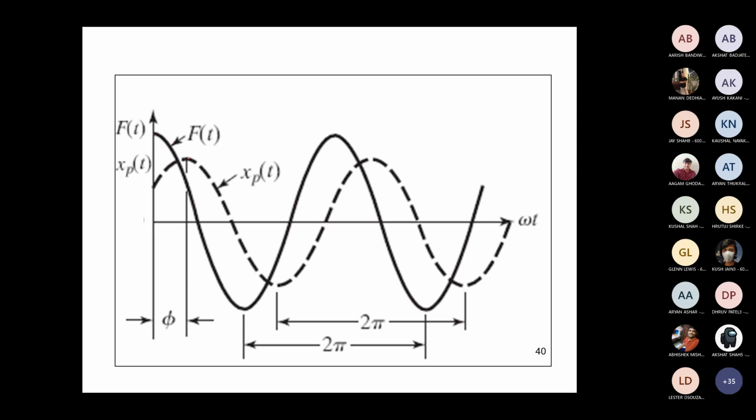As you can see, when a force is applied, the peak of the response is reached after some angle phi, which is called the phase lag. So there is some lag between the applied force and the maximum amplitude that is reached.